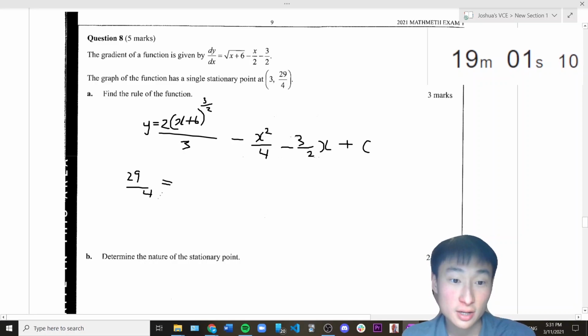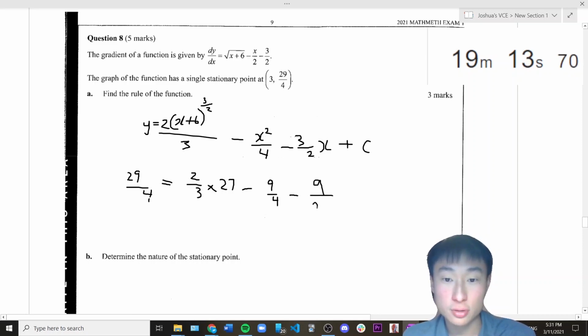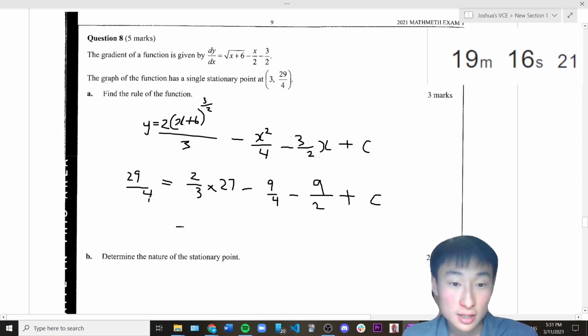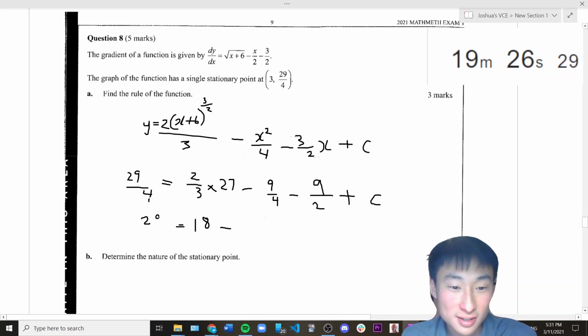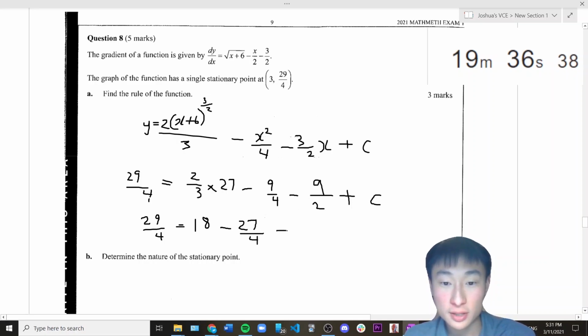If I sub in 3, I get 2 over 3 times 9 to the power of a half, that's 3, that's 27, minus 9 over 4, minus 9 over 2, plus c. So that's equal to 18, minus 27 over 4 plus c.